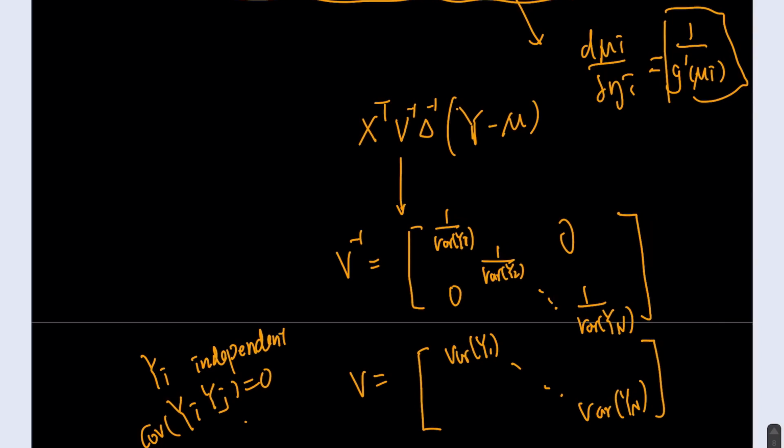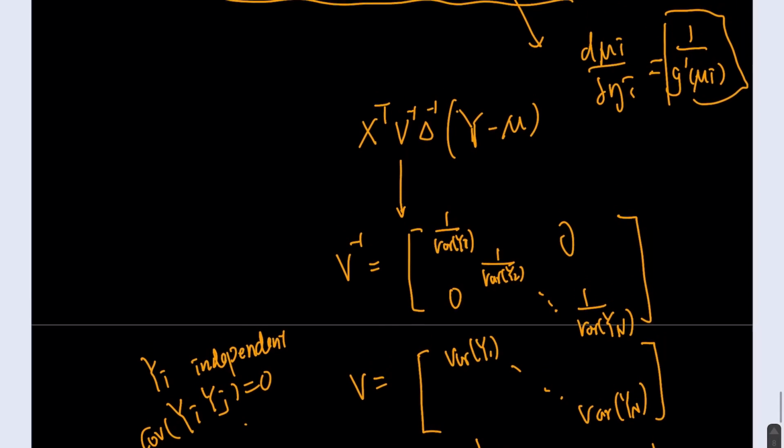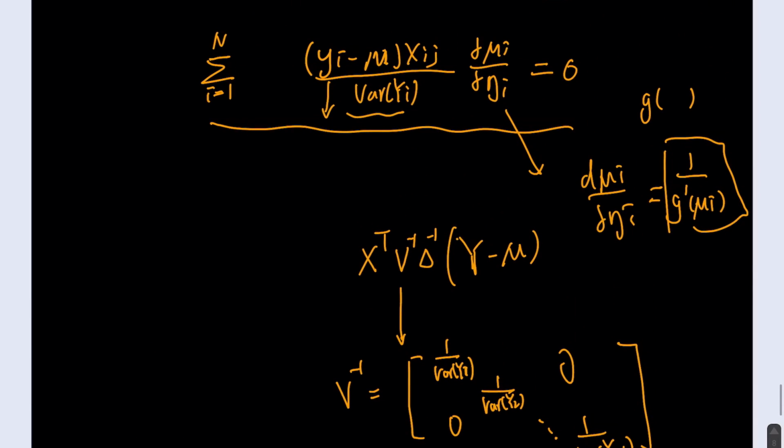That's why the off-diagonal elements are all 0. Okay, so what is this delta inverse? Delta inverse is, again, a matrix with diagonal elements of 1 over g prime mu 1, all the way to 1 over g prime mu n. And that corresponds to this d mu i, d eta i part.